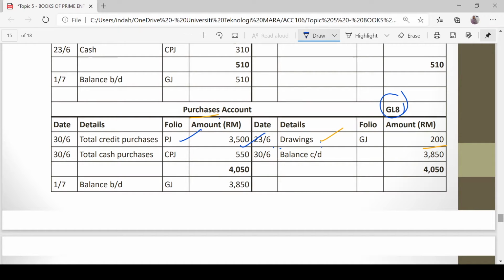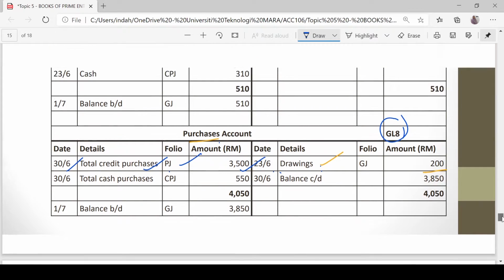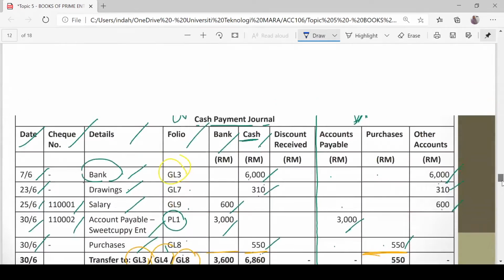No, we don't do that. We just take the total and state here: total credit purchase from purchase journal on 30th of June. We did this at the end of the month.